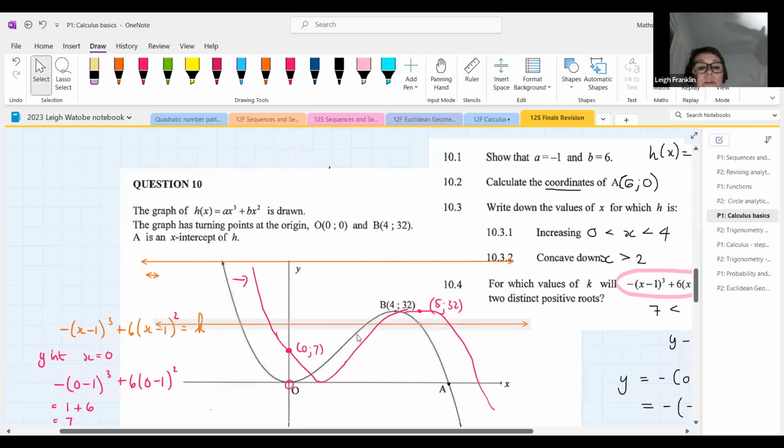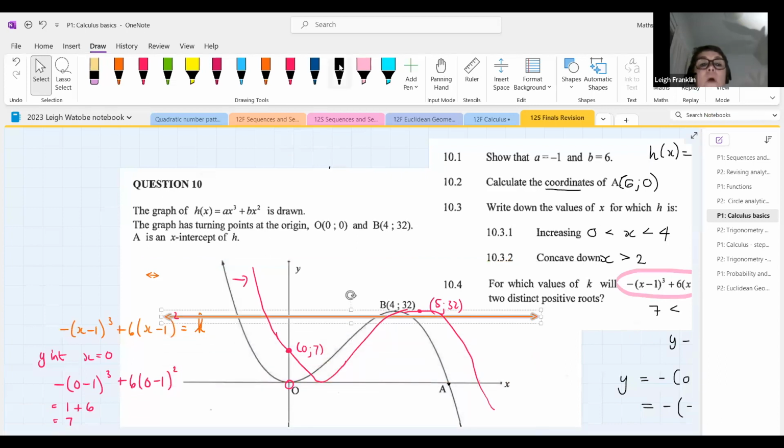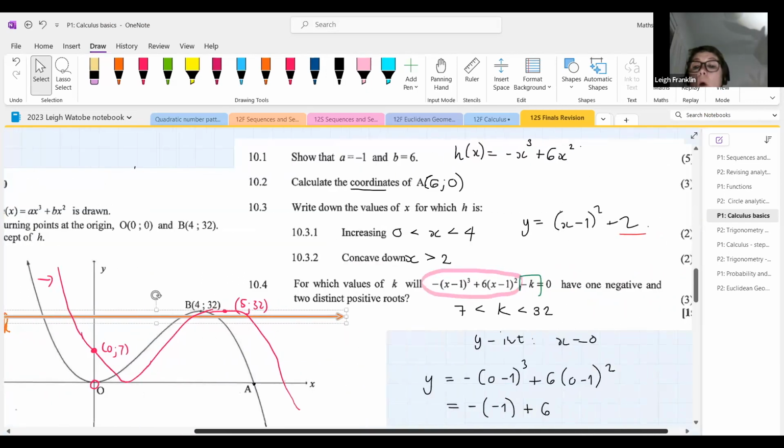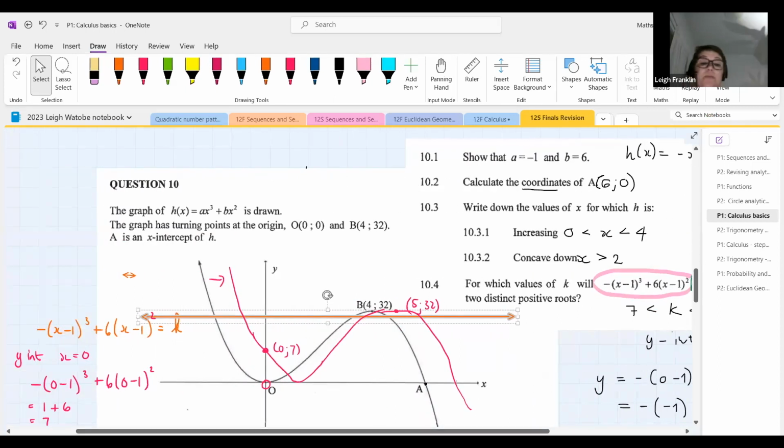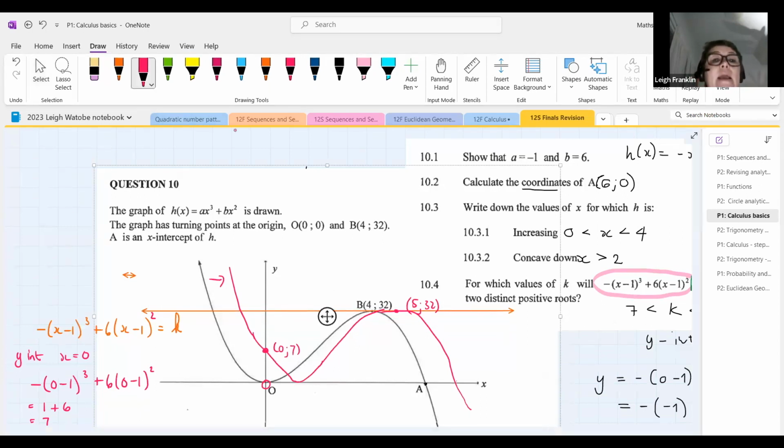So now we've got this line, our line y equals k, right? And they've told us that they want 1 negative root and 2 distinct positive roots, okay? So if our line sits at our turning point, we only have 2 roots, we don't have 3 roots. Here is 1 negative root, and we have 1 positive root.